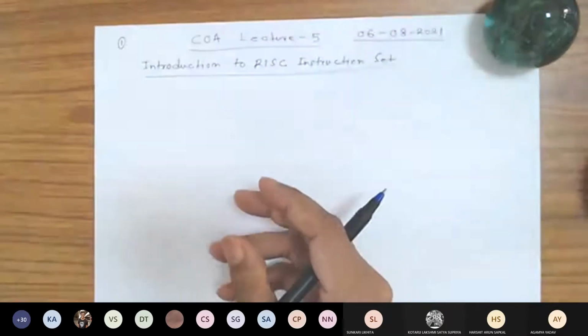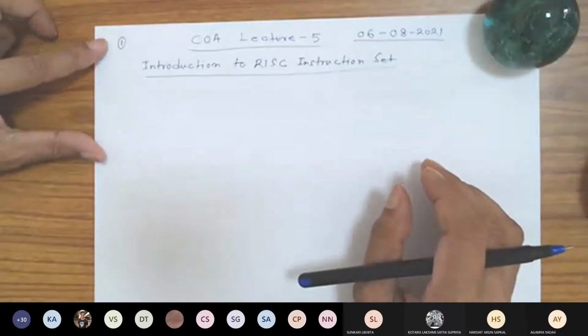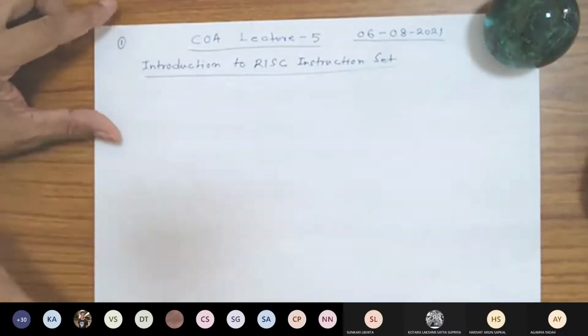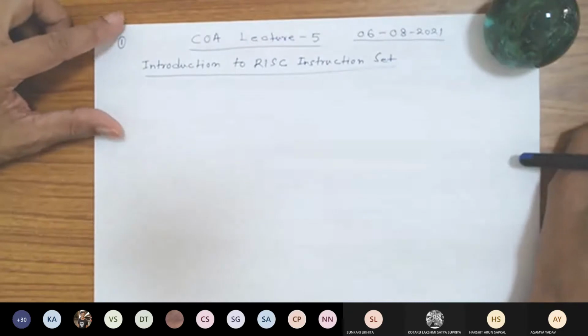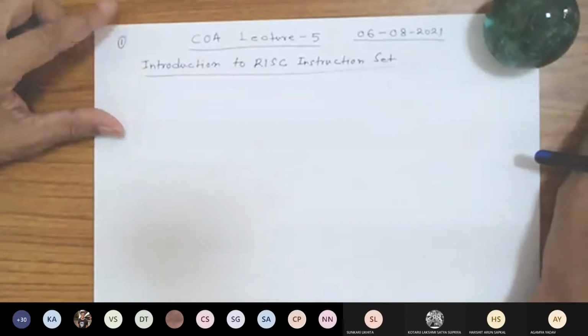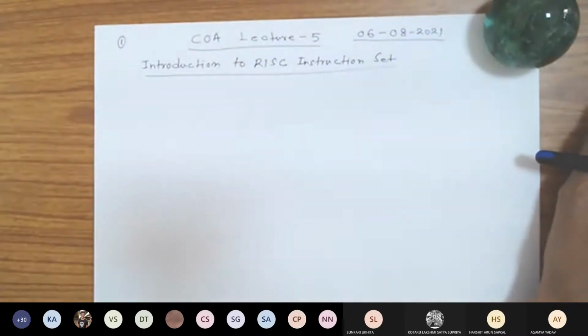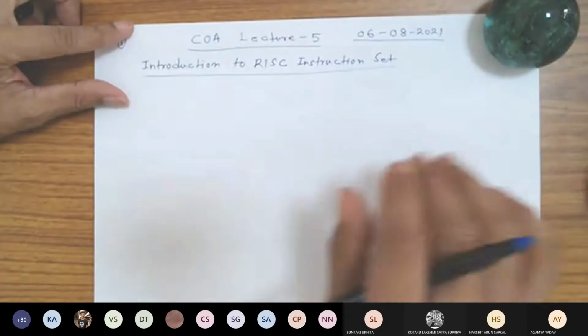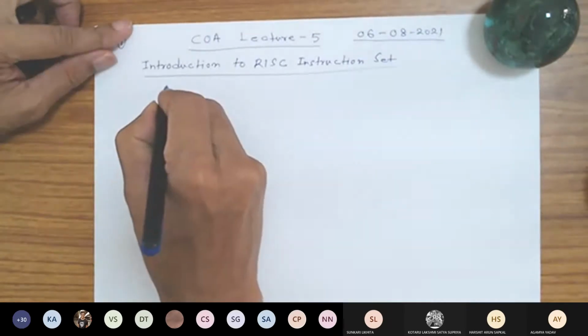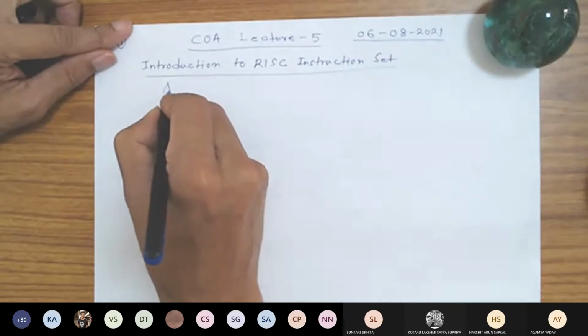Now, let us continue our discussion in the same line. We shall now introduce the typical RISC instruction sets. Now, any operation, let's consider an operation.